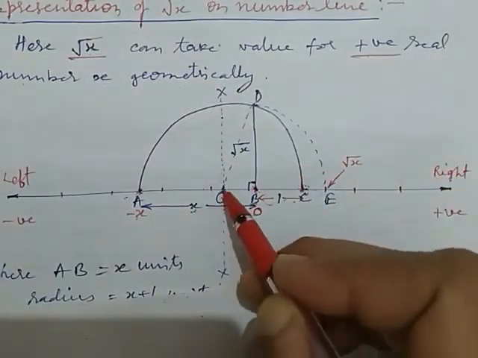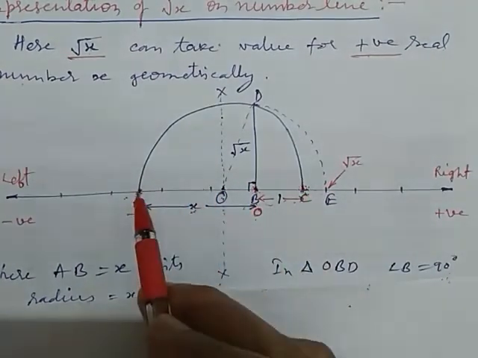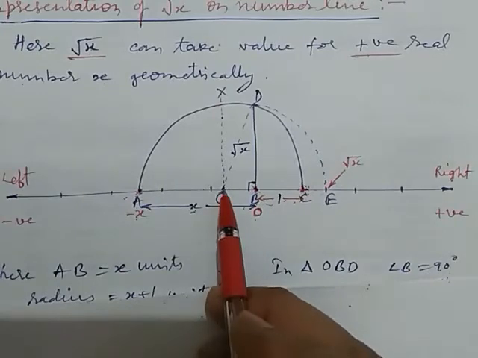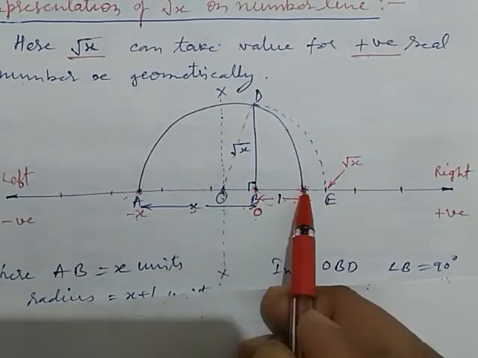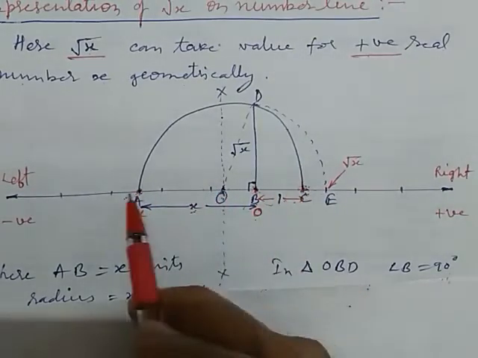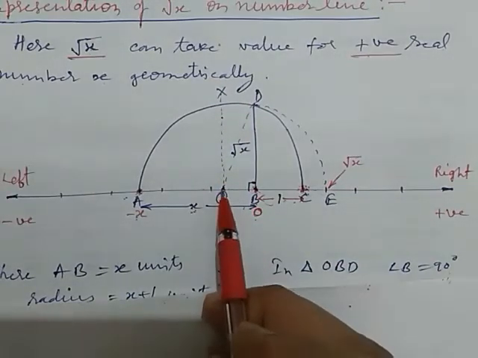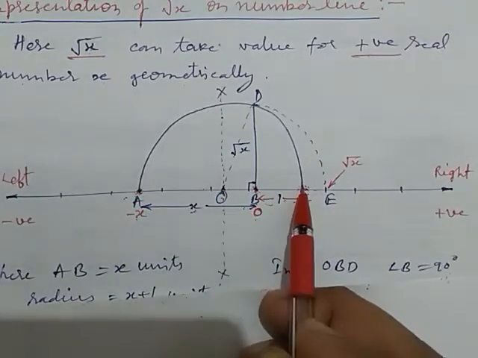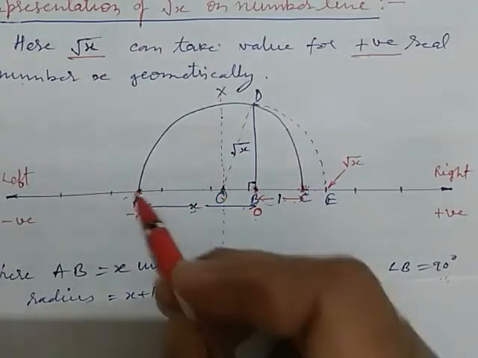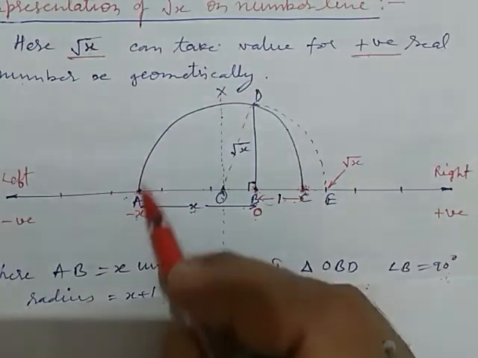We get our center point, that is, we bisect AC and we get O. So now OA equals OC because we have bisected here. If we take this O as center and AO or OC as radius, and put an arc, we get this semicircle.